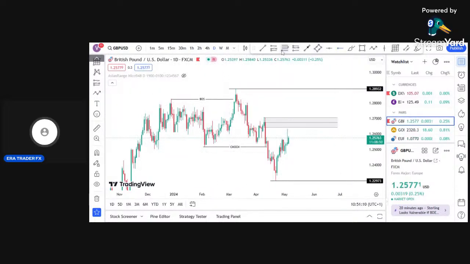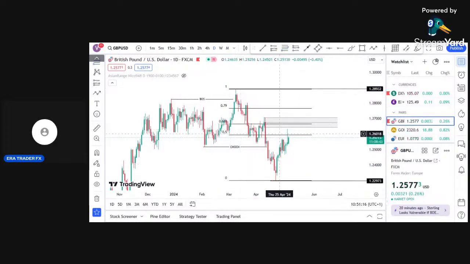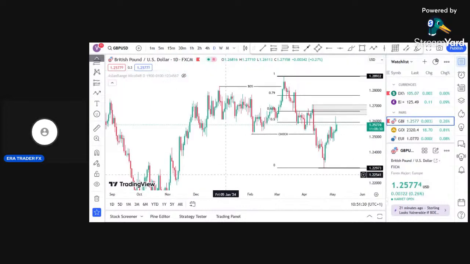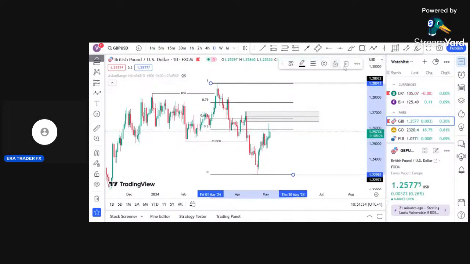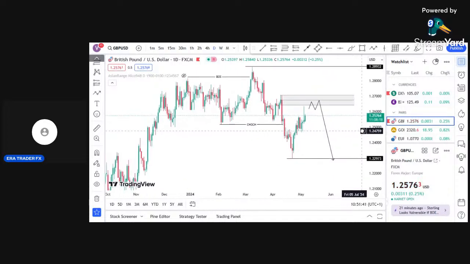If you take your Fibonacci, you see that currently price is at the premium zone where we can be selling to take out all this external range liquidity resting below. I hope this is clear. So we want to see price come into the zone, mitigate the zone, and give us a clear direction, and we will be shorting from there.